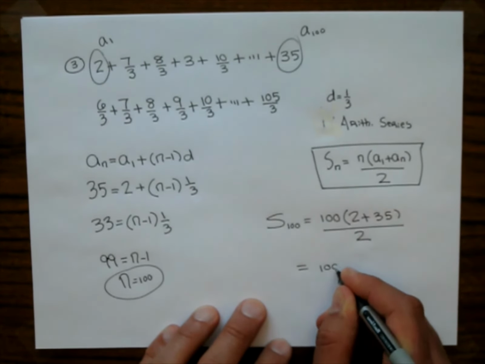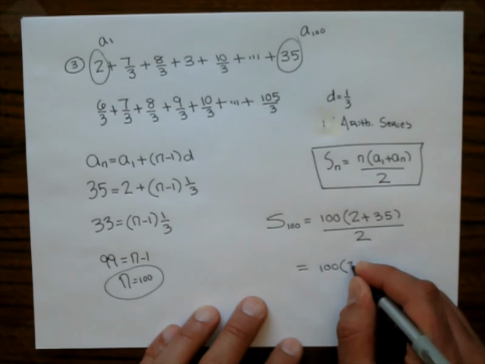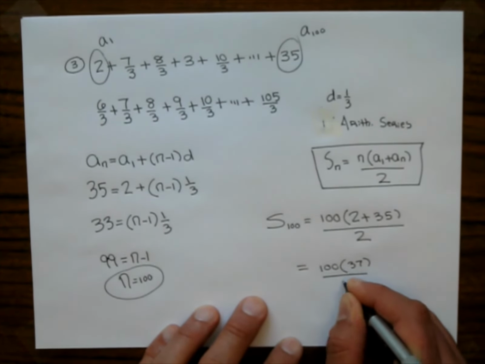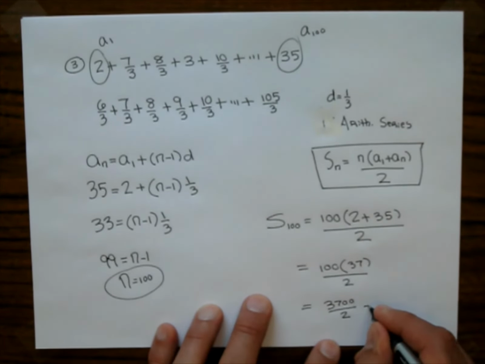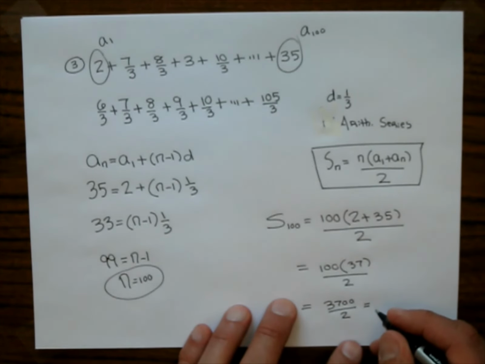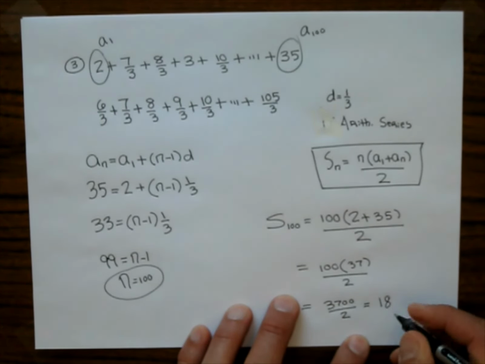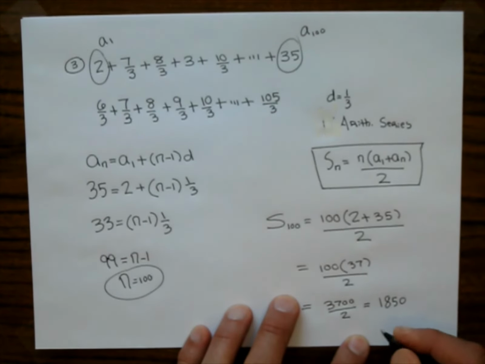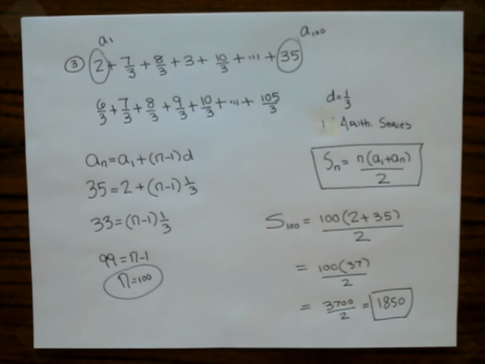So this is 100 times 37 all over 2, so this is 3700 over 2, and 3600 would be 1800, so this would be 1850. So hopefully I did that one correctly.